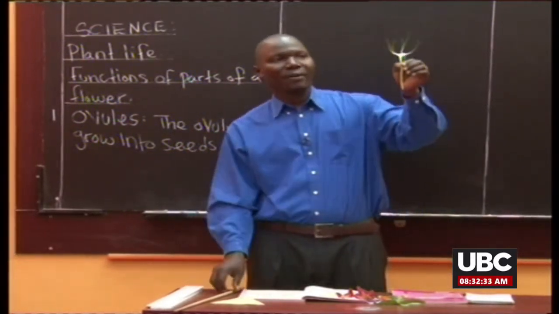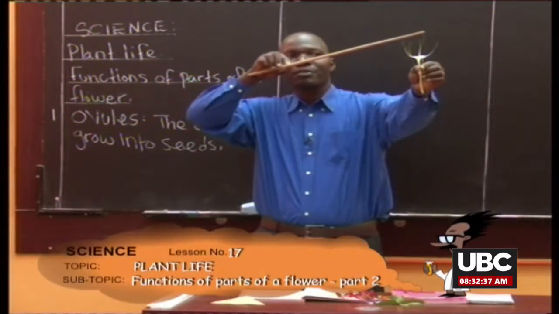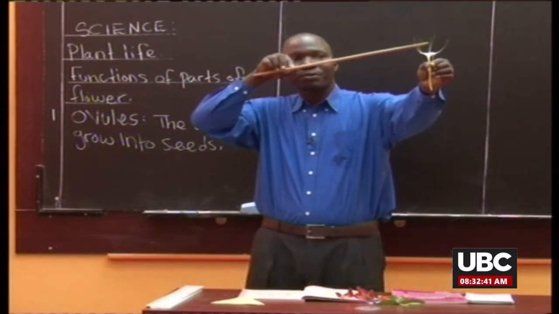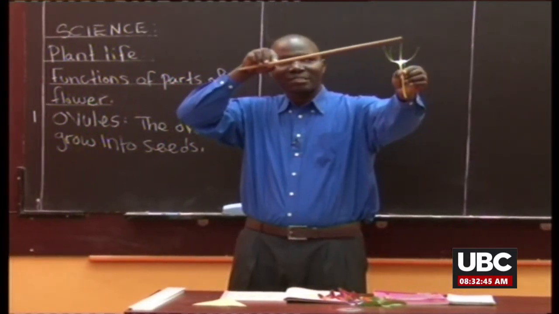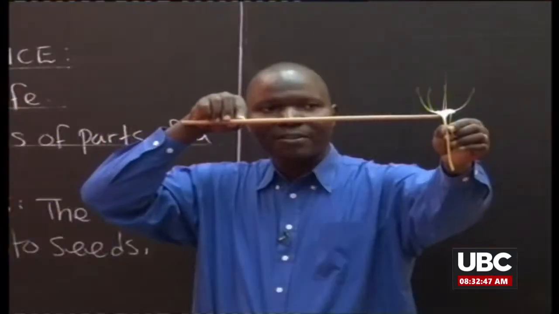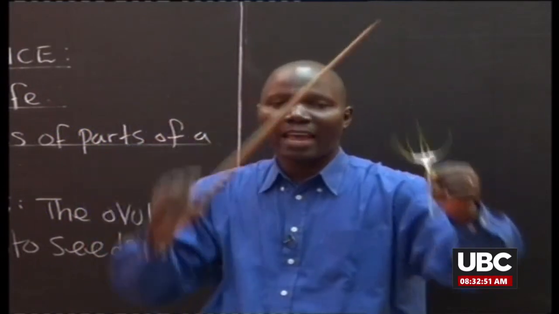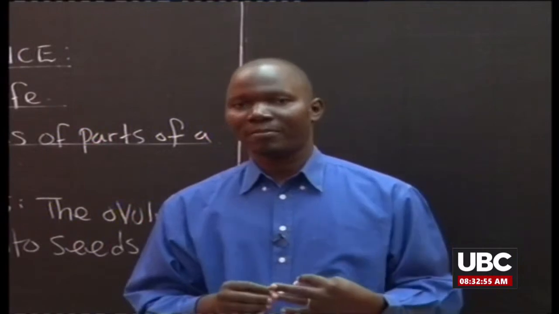Let's look at another part that we didn't look at. If you look at our stigma, again, it is up. But there is that tube. There is that part connecting from down here up to up. And this part of the plant is the one we call the style.